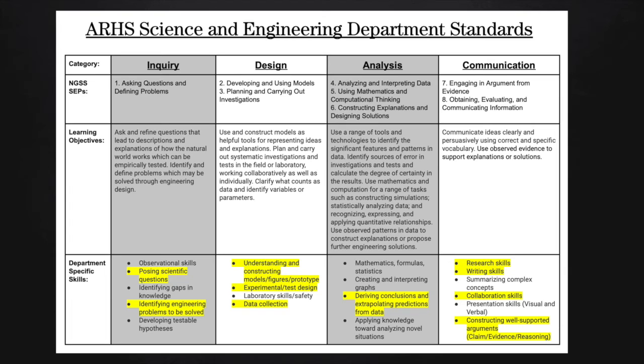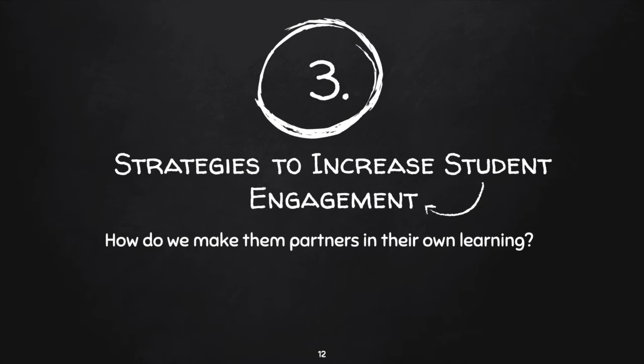But by using a digital progress tracker for the project, it will definitely allow us to give more specific feedback so that they can make sure that they're developing these skills. So in this next section, I'll be discussing strategies to increase student engagement with tools like this, which will hopefully bring them towards the goal that we're aiming for in all of our educational approaches, which is helping to make them partners in their own learning.